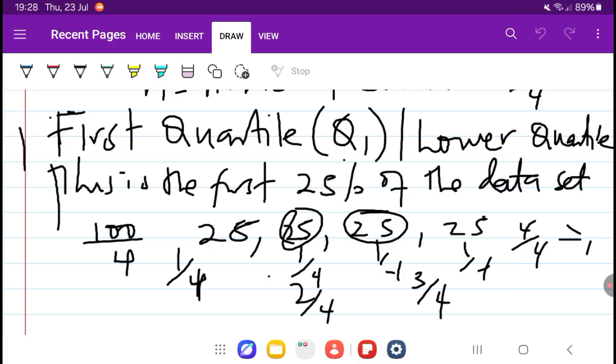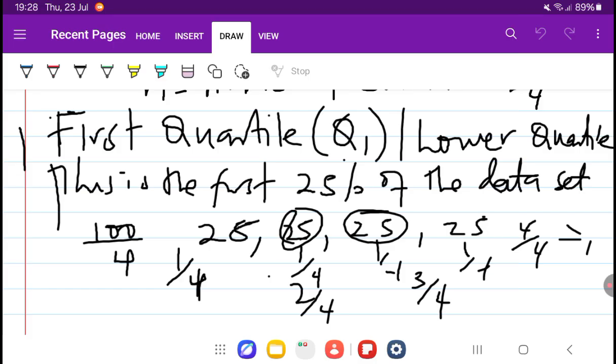We just arrange the data into ascending order, from the smallest to the highest. Then we can divide those data sets into equal items.